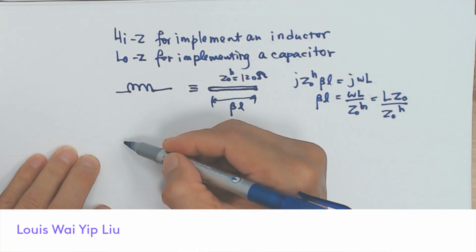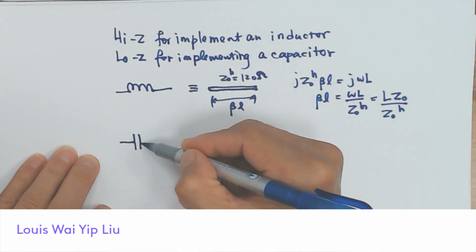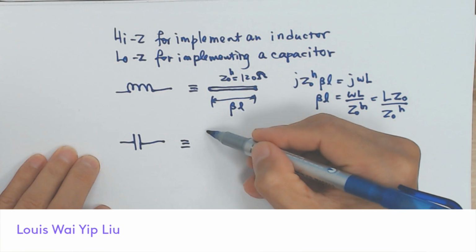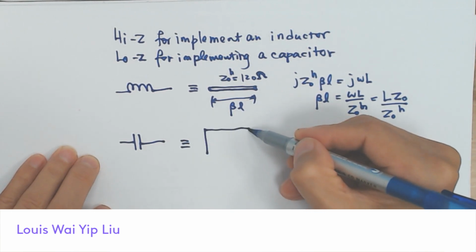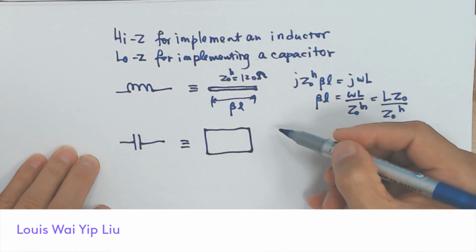And for a capacitor, we can use a very wide transmission line to implement this.